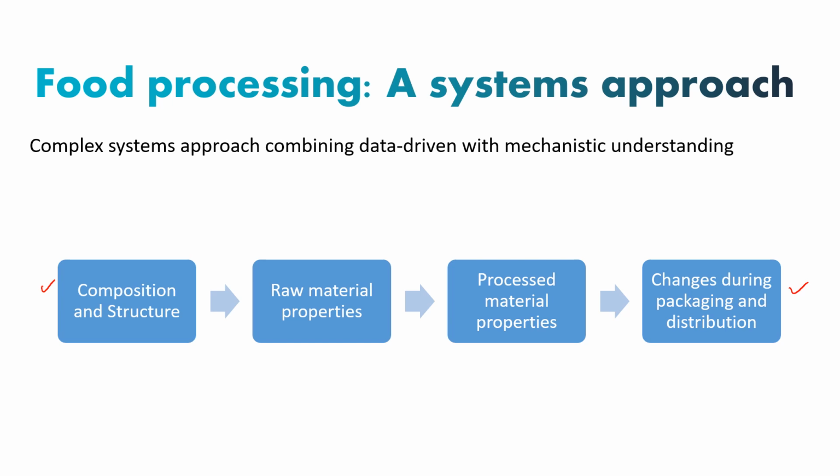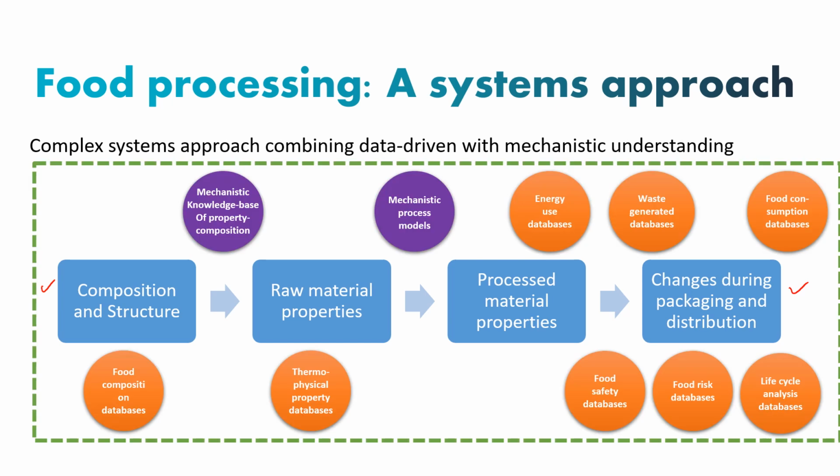One is just databases and the other is relationships. So let's look at what we're talking about. Let's say food composition and structure. We have large databases of food composition and how it changes with various factors, and possibly even including how it is grown. So that's a food composition database.